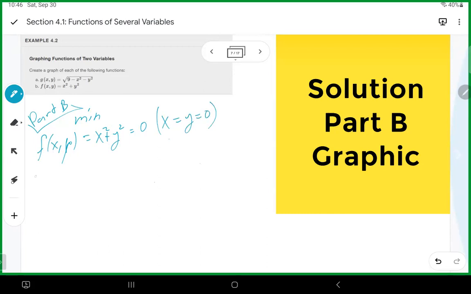When x is 0, the function becomes z equals y squared. When y is equal to 0, the function becomes z equals x squared. These are the cross sections of the graphs, and they are parabolas.